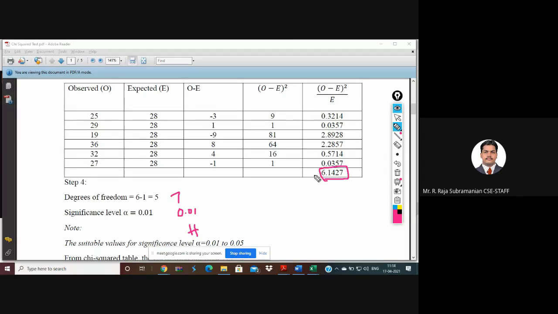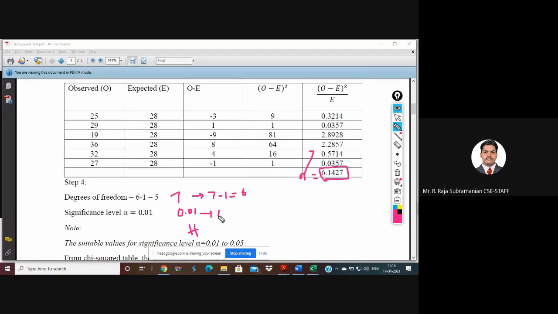Just very simple. This is the chi-square value, 6.14. The number of observations is 7. If the number of observations is 7, degrees of freedom is 7 minus 1, equal to 6. And my significance level is given as 0.01.